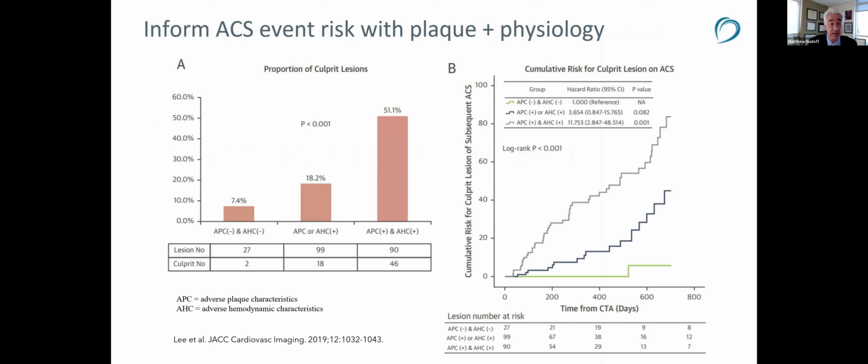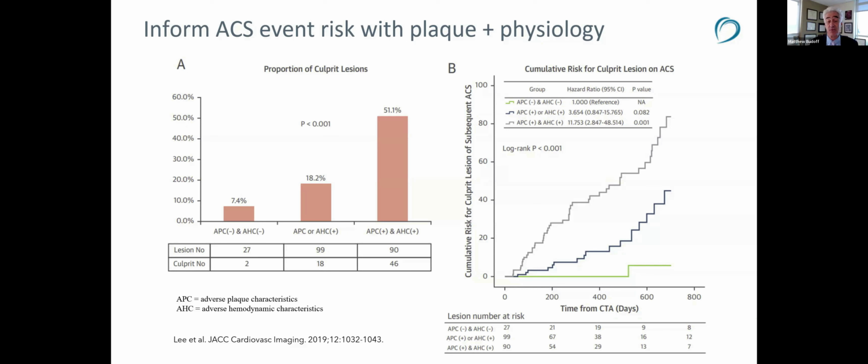So this is a nice study looking at acute coronary syndrome events, looking at both plaque and physiology. And you can see here APCs, or adverse plaque characteristics, and AHCs, or adverse hemodynamic characteristics. And if you have neither, the event rate in this study was quite low.